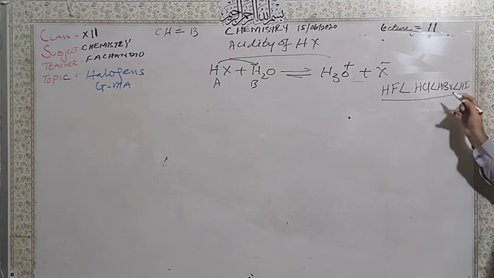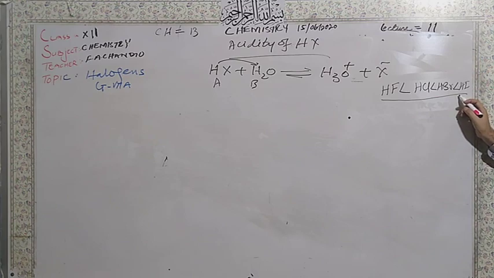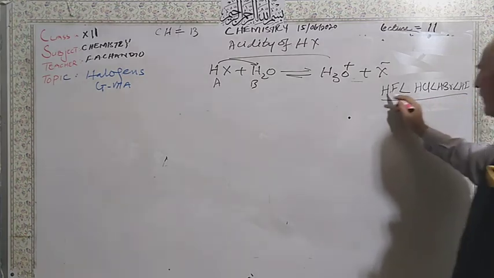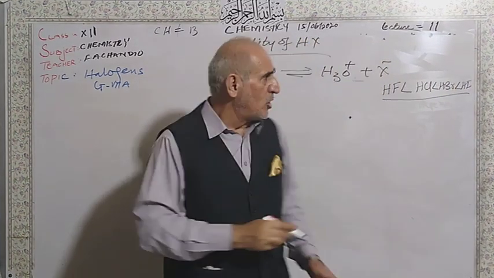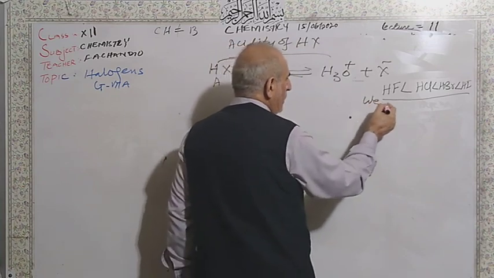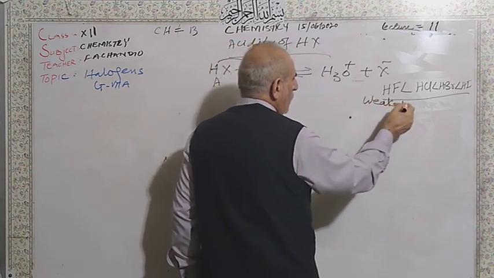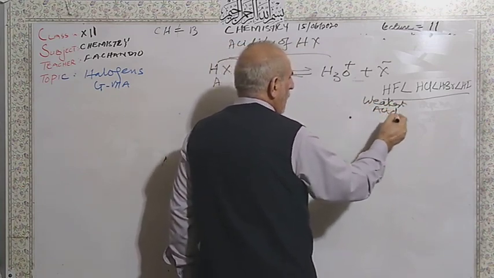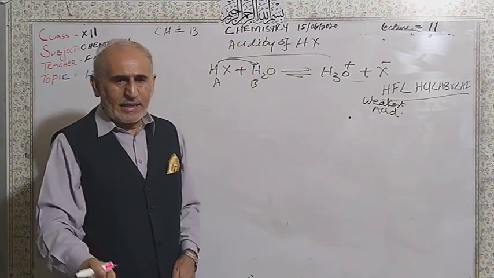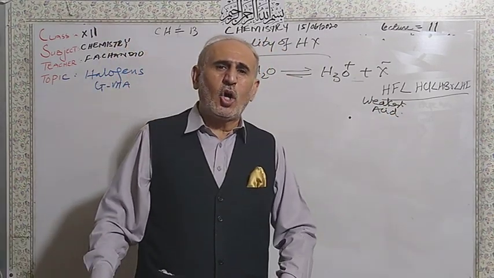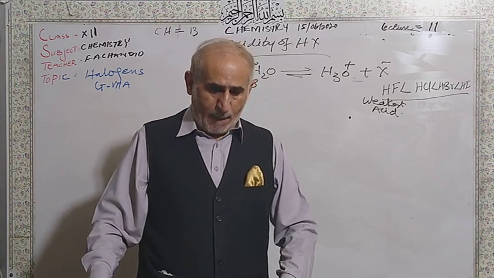Hydrogen iodide is the strongest acid among all the hydrogen halides, and hydrogen fluoride is the weakest. Hydrogen fluoride is the weakest acid among all the halogen acids.